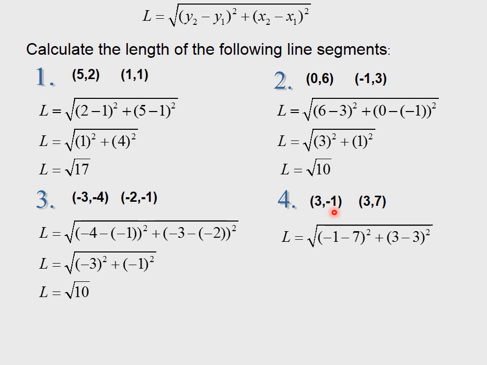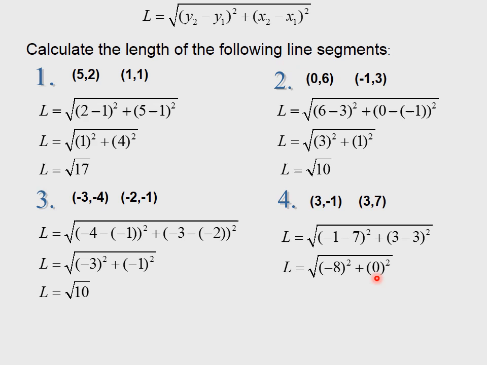Notice we're subtracting in the same direction, so it doesn't matter which point you start with as long as you subtract both the x's and y's in the same direction. So negative 1 minus 7 and 3 minus 3. Okay, so that gives us negative 1 and negative 7 is negative 8, and that's using our addition and subtraction rules.